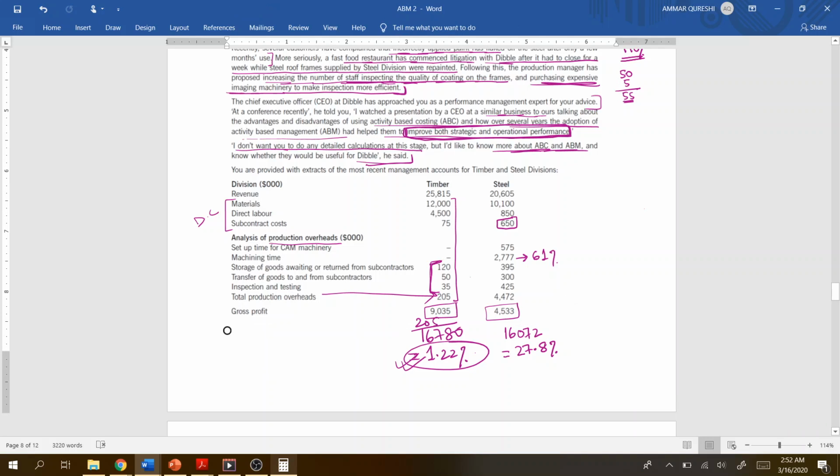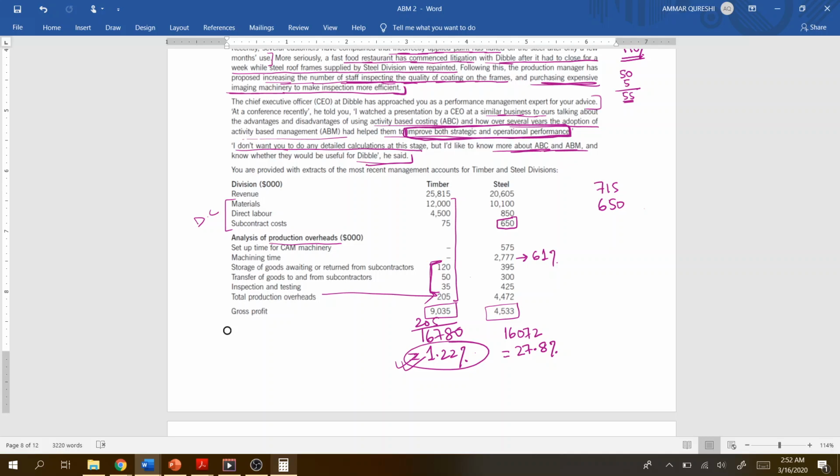The cost of the subcontractor is 650. So apparently it seems that the product, or the service, is making a profit. But try to think whether it is actually generating profit or not.